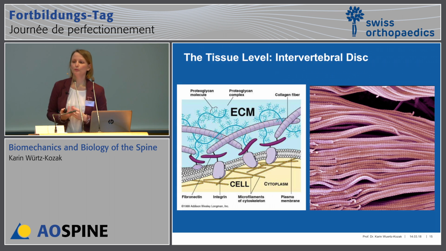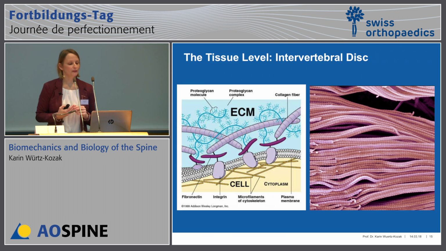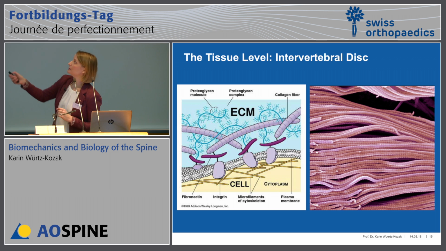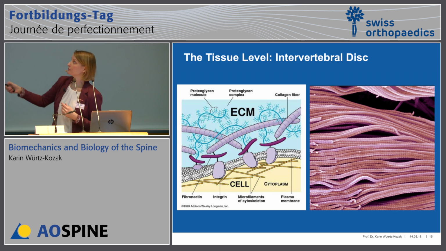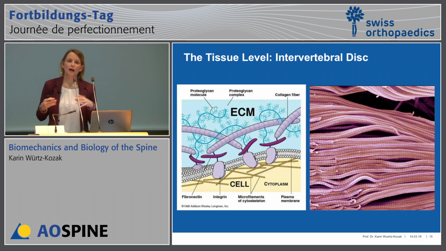Now if we go down one more level, we end up at the tissue level. So we're now looking macroscopically or microscopically at the tissue, and you can see on this little schematic how complex the matrix is. On the one hand, of course, you have the cells, demonstrated here, and these cells produce the extracellular matrix.